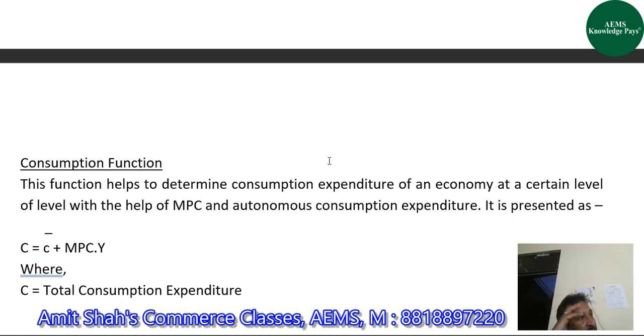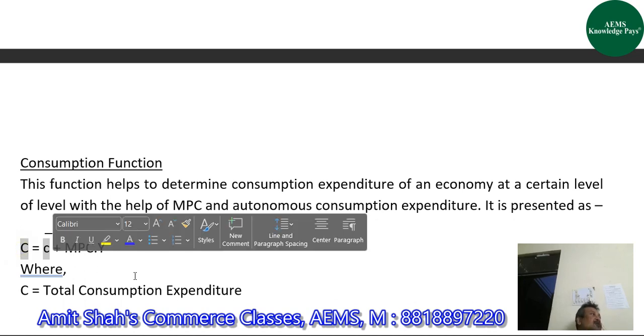That is 0.6 of 1,000, right? So that is the change in consumption expenditure, correct? And plus autonomous consumption expenditure, that is C bar. That will give you total consumption expenditure of the economy at that time. Am I clear? I hope, guys, you have got this, right?